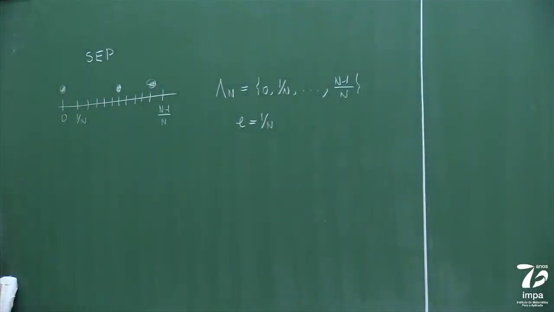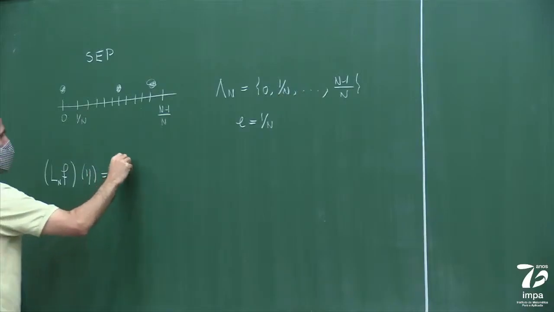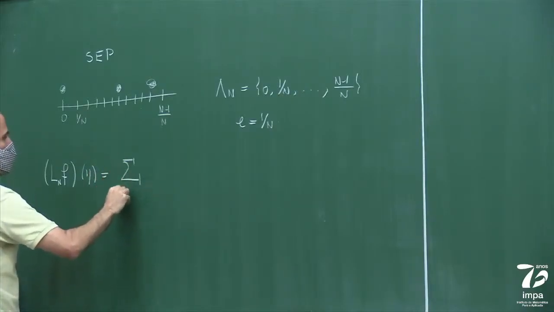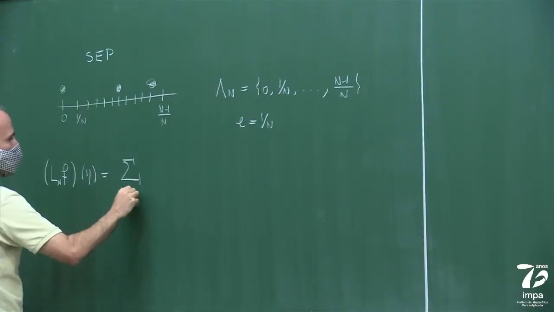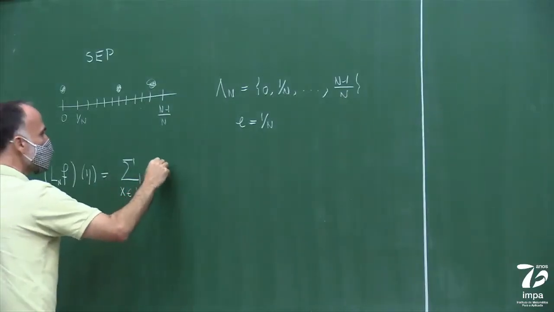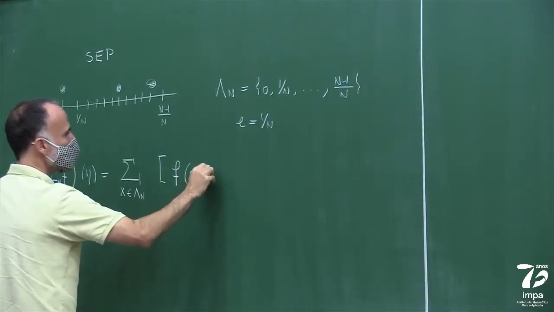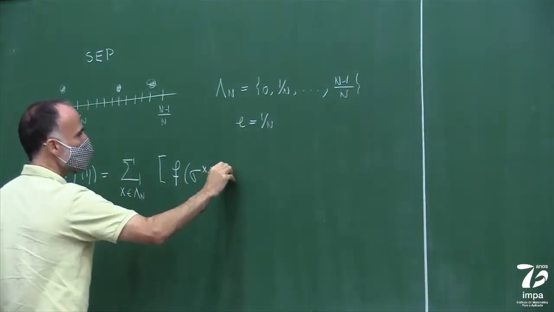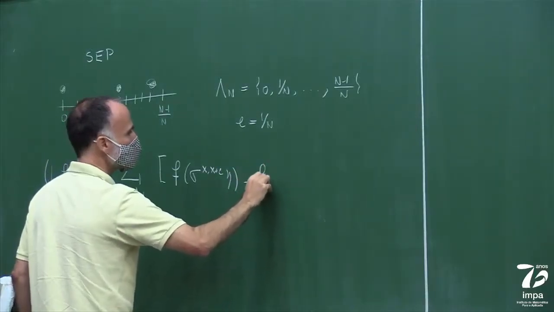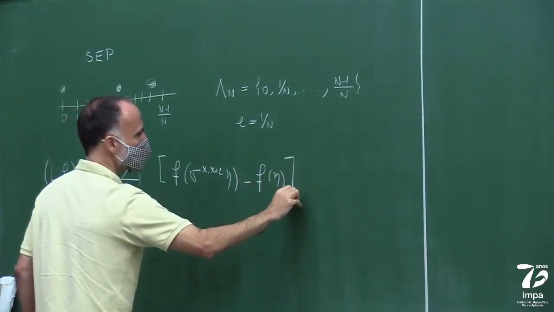So I showed to you that this is a Markov process whose generator, which I'm representing by L_n, can be written as a sum over x in the set Λ_n of f(σ^{x,x+ε}η) minus f(η).